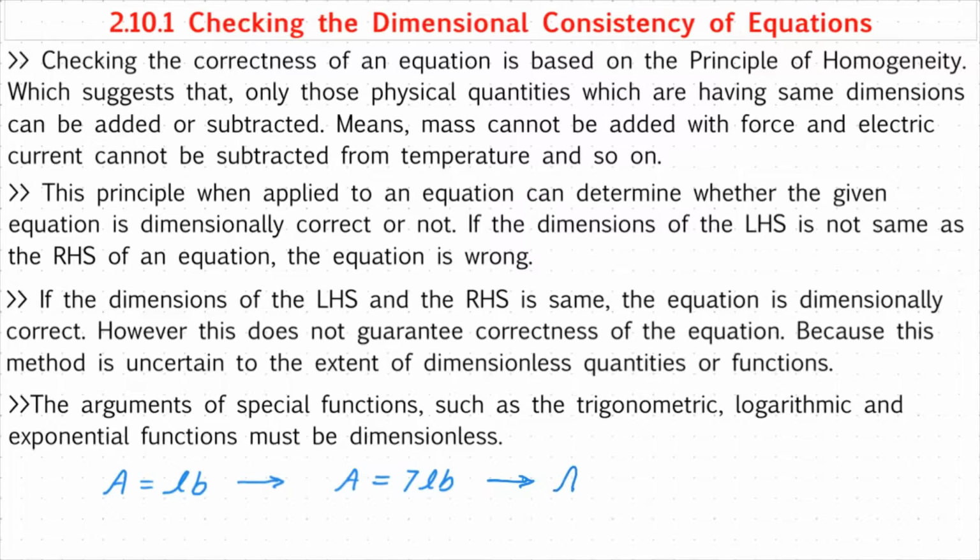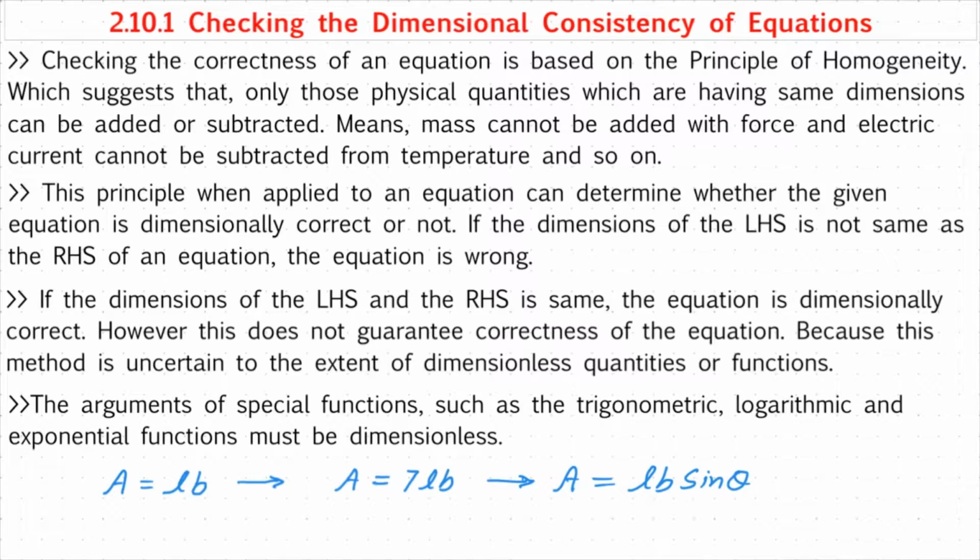In the same way, if I write the equation of area as, let us say, LB sine theta, then dimensionally this equation will be found to be correct, because the dimension of the left side and the dimension of the right side will be the same. Sine theta is a trigonometric function and that is not considered to have any dimension. That's why this equation will be found correct, but we know that this is not exactly a correct equation.